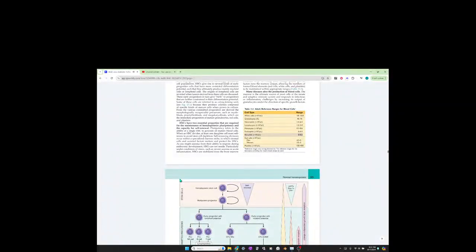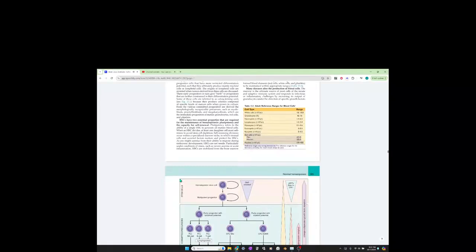Table 13.1 Adult Reference Ranges for Blood. Cell Type, Range: White cells 4.8-10.8, granulocytes 40-70, neutrophils 1.4-6.5, lymphocytes 1.2-3.4, monocytes 0.1-0.6, eosinophils 0-0.5, basophils 0-0.2, red cells men 4.35, women 3.55, platelets 150-450.